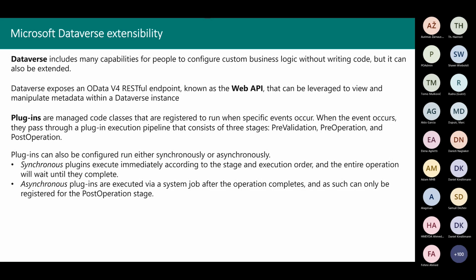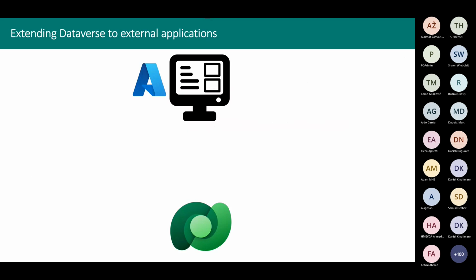So, saying that, the scenario that I want to consider is: imagine that I have my Dataverse environment and I have an external application. This external application runs on Azure, but it can also run everywhere.